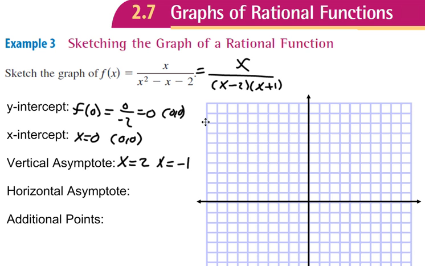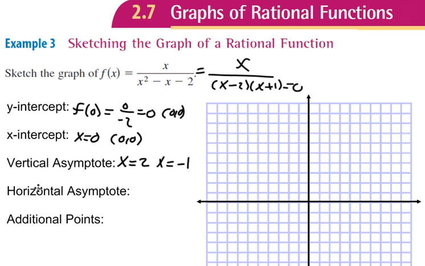Just to review, the way you find the vertical asymptotes is you set the whole denominator equal to 0 and then solve for x. If I set x minus 2 equals 0, I add 2 to both sides and get my 2. x plus 1 equals 0, subtract 1, and that's how I got my negative 1.